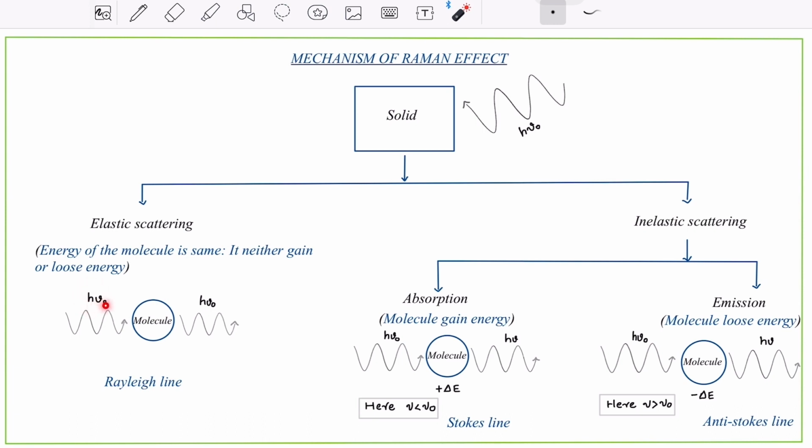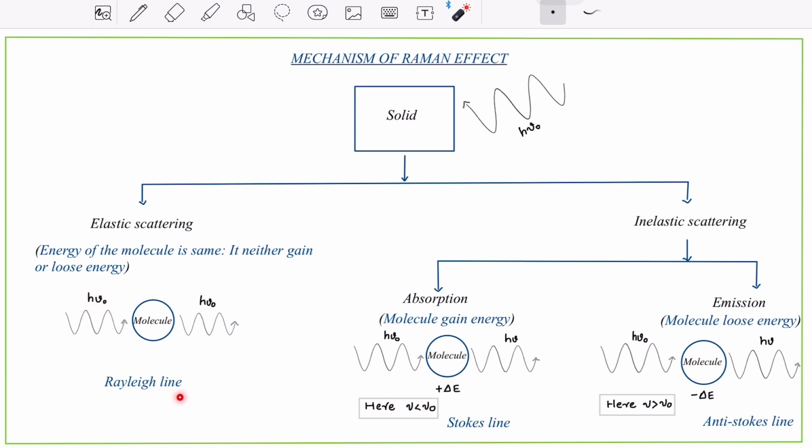Suppose a monochromatic radiation of energy h nu 0 is incident on the molecule. The interaction happens and there will be scattering. Since the molecule does not absorb or lose energy, the scattered photon has the same frequency as that of the incident frequency. The frequency of the scattered radiation is nu 0 and the frequency of the incident radiation is also nu 0.